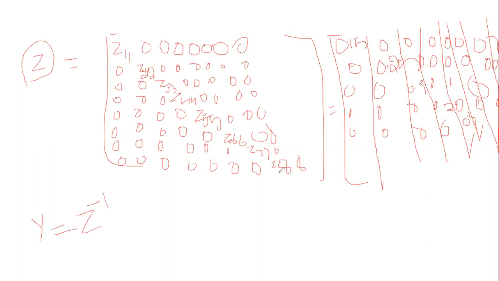Since only the diagonal elements appear in this matrix, forming the inverse means we only take 1 by each value.